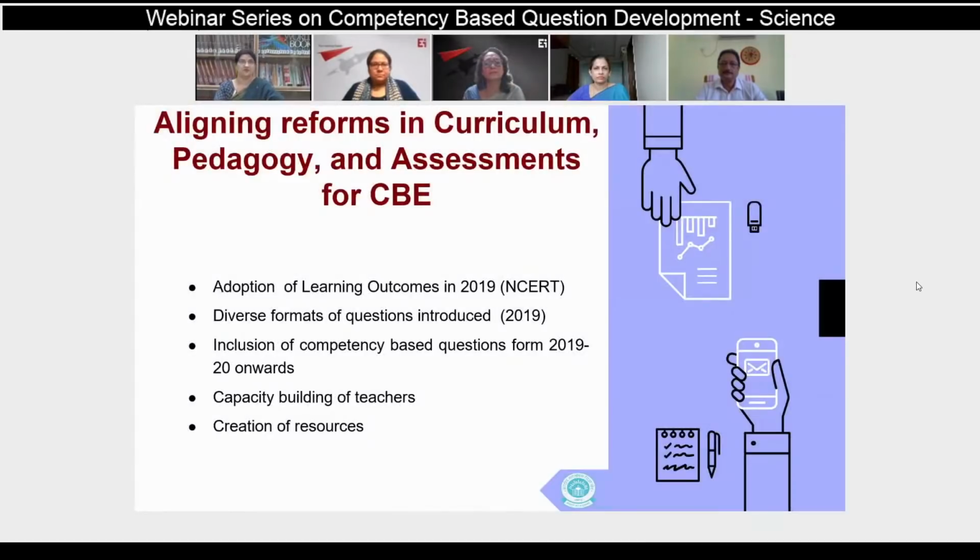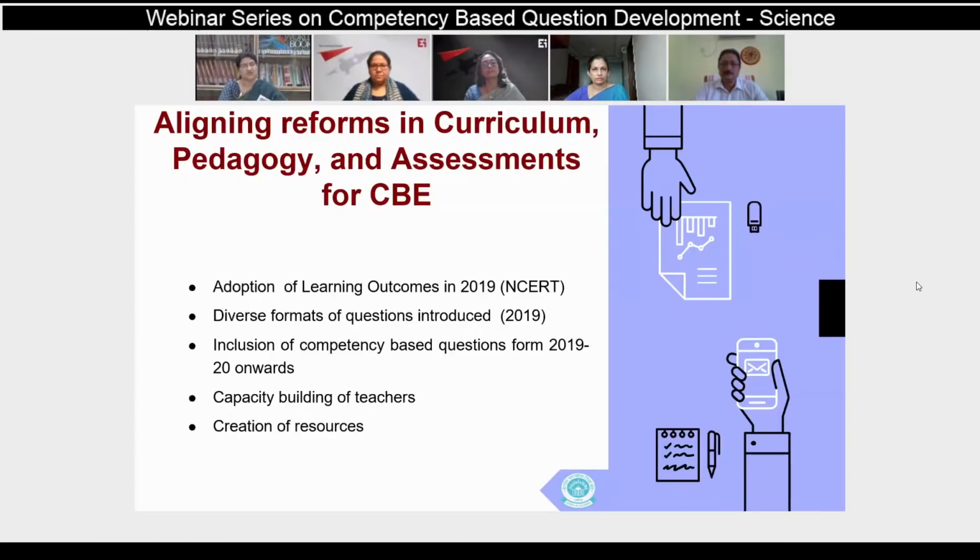Now, moving ahead to the next portion, I also want to talk about what we at the CBSE have been doing. We have been working at various fronts to align the curriculum, the pedagogy, and assessments for competency-based education. We started around a couple of years earlier with the adoption of the NCERT learning outcomes. Besides that, we have brought in a series of changes in the assessment procedure, especially in the class 10th and 12th board examinations.